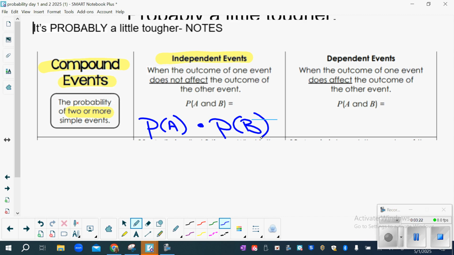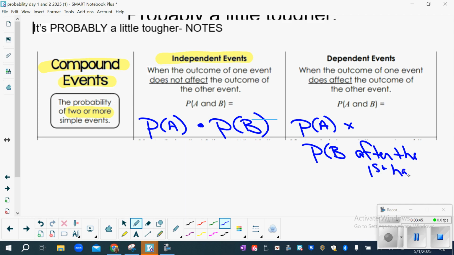Does that make sense? So if I do 2 things and the first one affects the second one, they're called dependent. So here's what it does. You find the probability of the first one, you times it by the probability of the second after the first has messed with it, right?